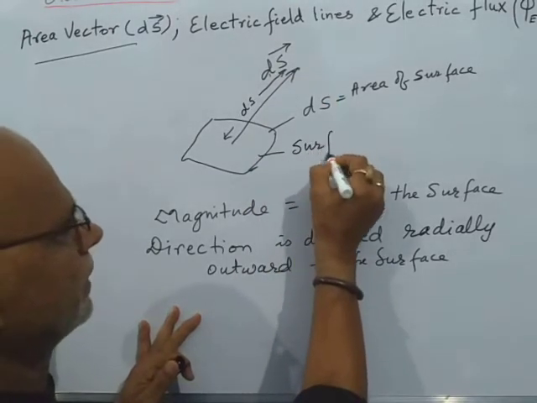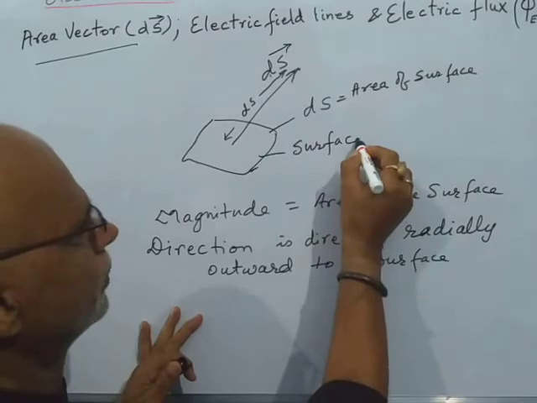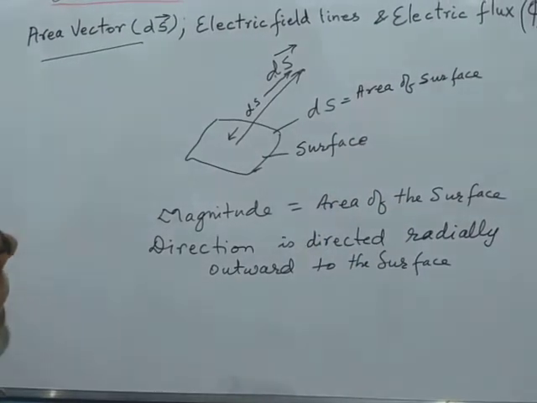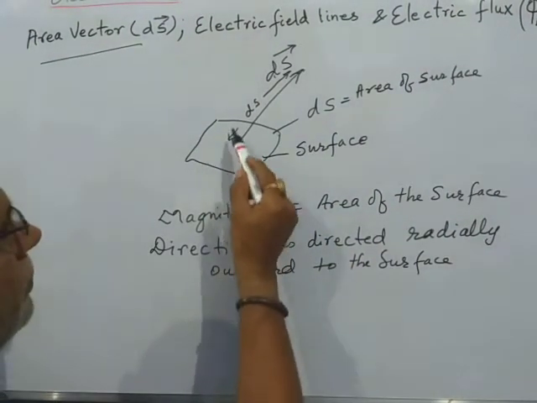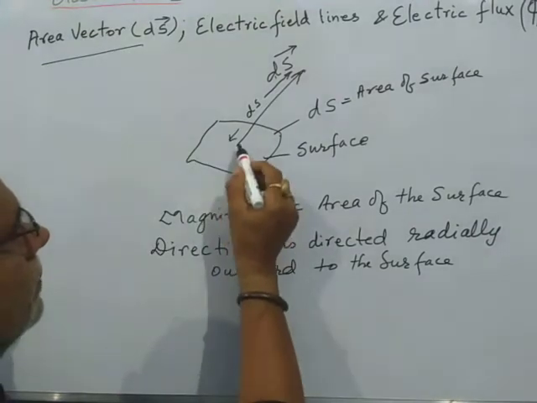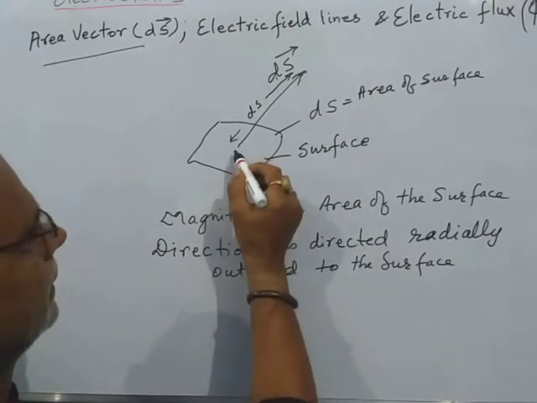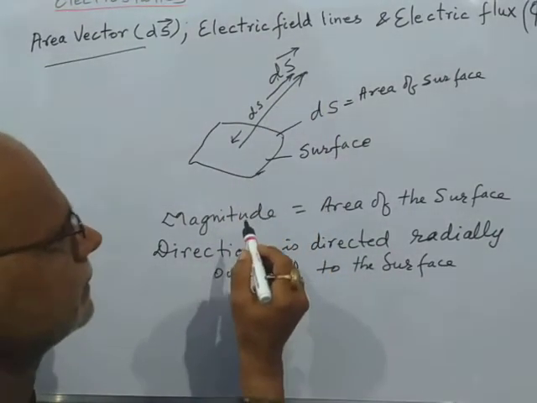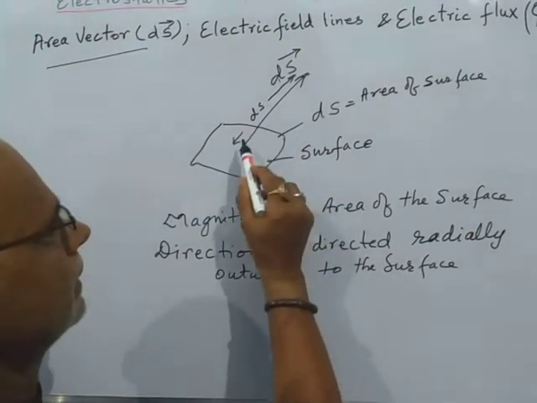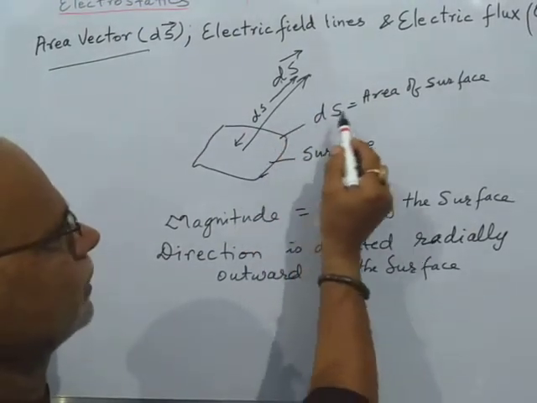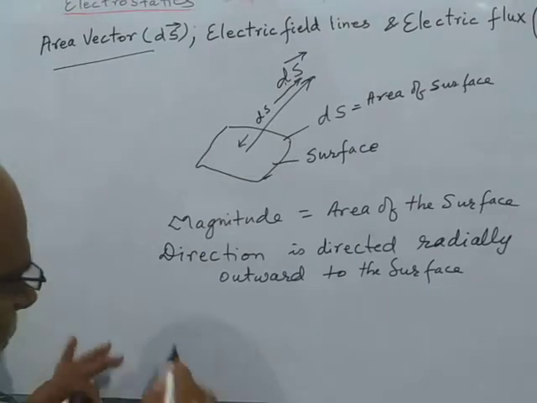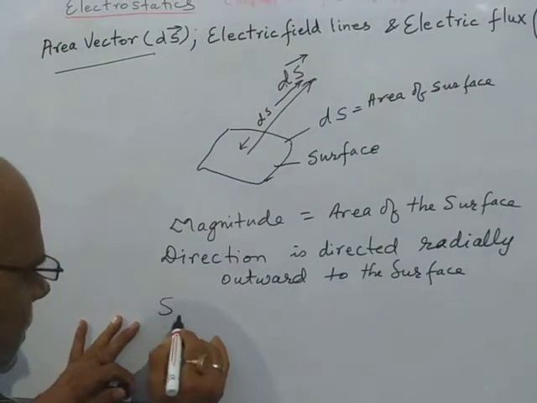So this is the surface for which we are going to find the area vector. How are we going to find the area vector? We take a radially outward directed line, and then the length of that line is kept equal to the area of the surface. So this is area vector.